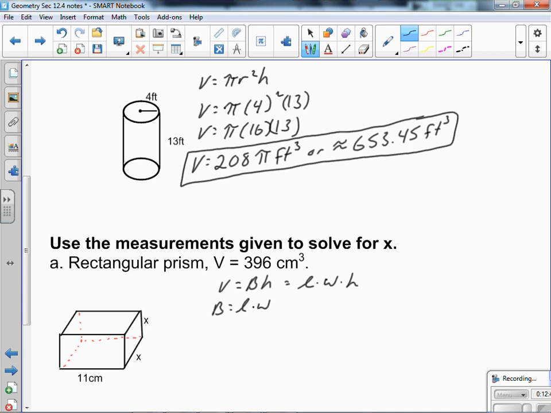So we know the volume, V, is 396, and that's going to equal the length. We have 11, and then the width and the height are currently the same. They're both x. So we go through the process. 396 is going to equal 11 times x times x, which is x squared.